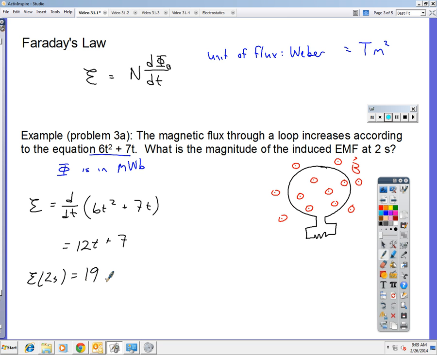Because our units of flux are milliwebers, our units of EMF will be millivolts, because a Weber per second is a volt. So very straightforward example there. That's the kind of thing you'll see in the early parts of the assignment.